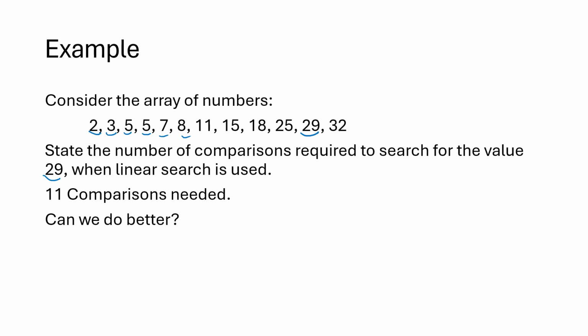So in the worst case, it could be that you have thousands and thousands of elements in your array, and the target value is stored as the last or very close to the last element. And in that case, linear search performs very poorly because you have to go through all the elements until all the way towards the end until you find the target value. So the natural question to ask is, is there a better way to do this?